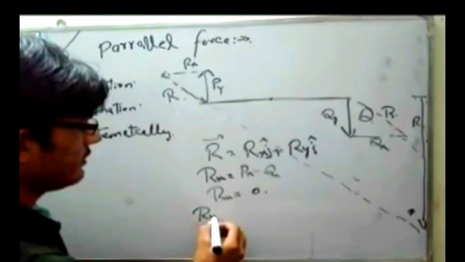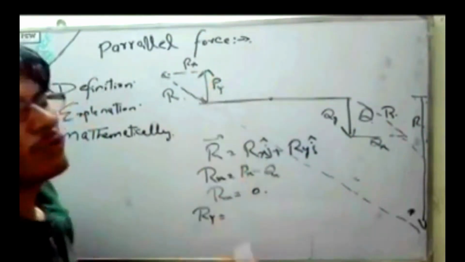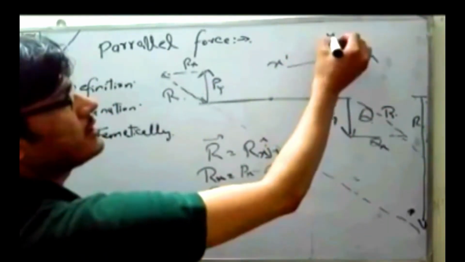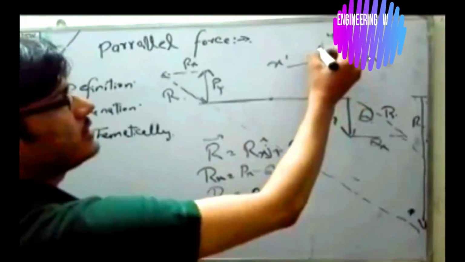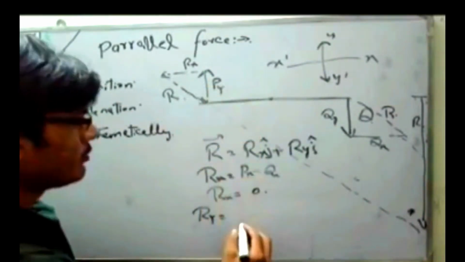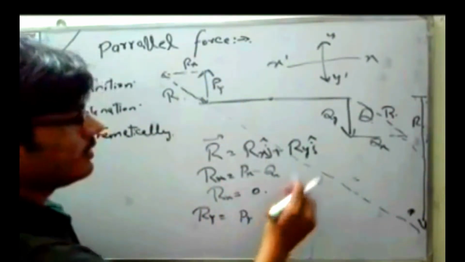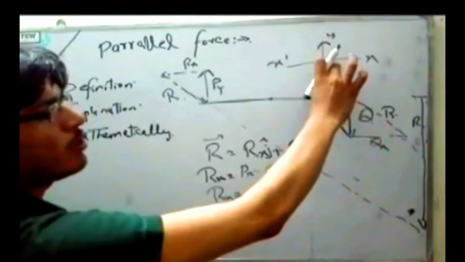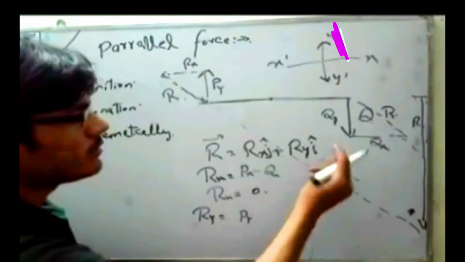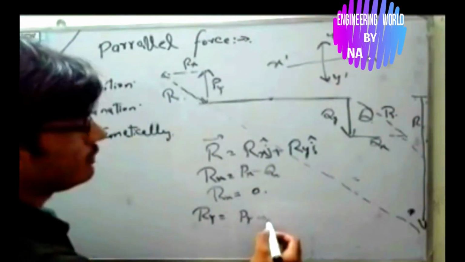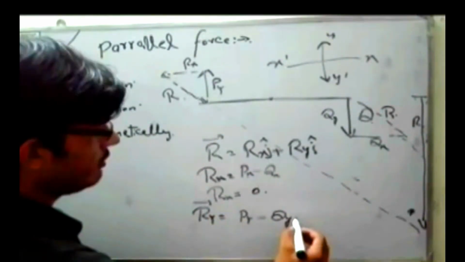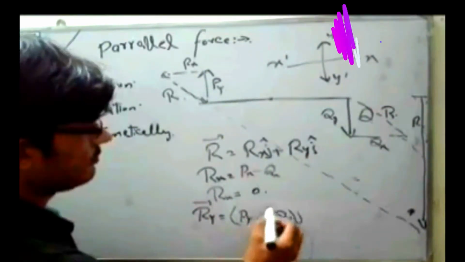Now the resultant component of y, Ry: as this Py is in the positive y direction, this is the x dash, this is the y dash. These forces are in the positive y direction, so we take this force first, and this force will be positive, Py. Now this force Qy is in the opposite, y dash direction, and this y dash direction is always negative, so we take this force negative. So we put the negative sign here.